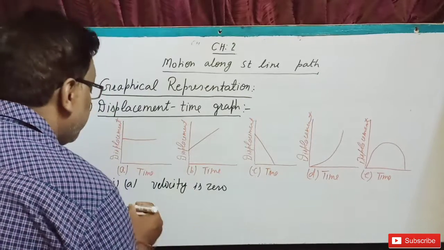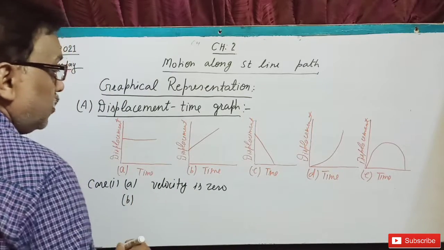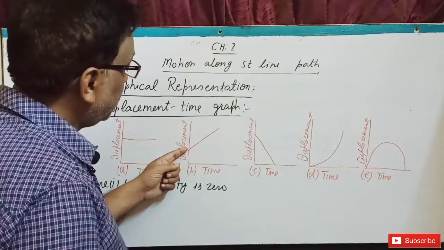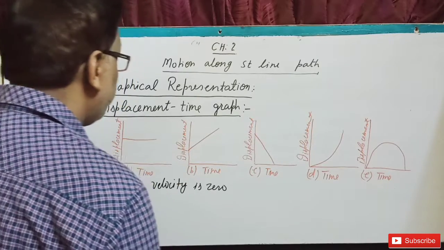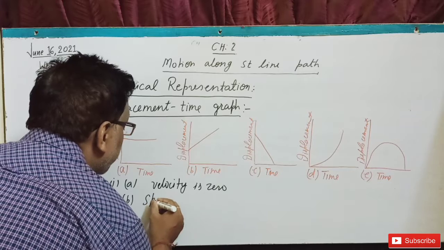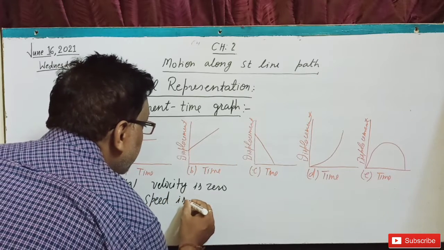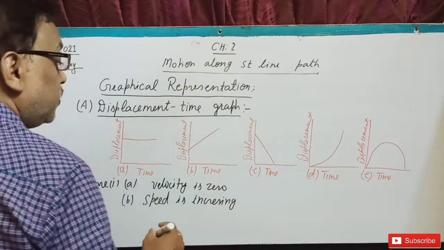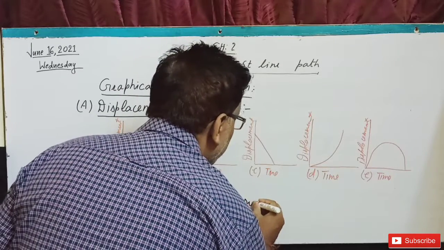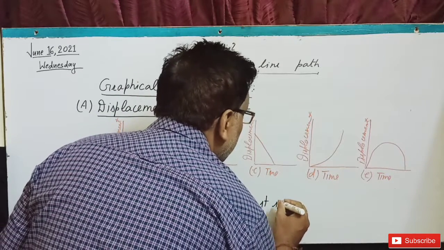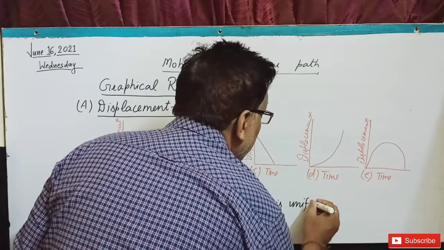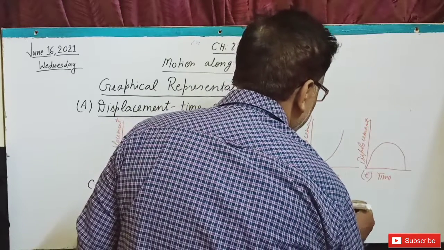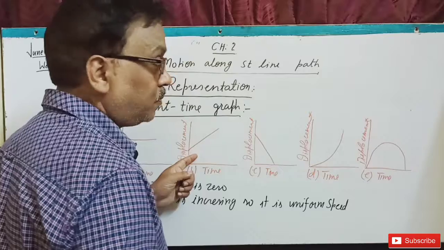In the second, the slope starts not from 0 but above the 0 point. So its speed is increasing. So it is uniform speed here, or it is moving along the positive direction.